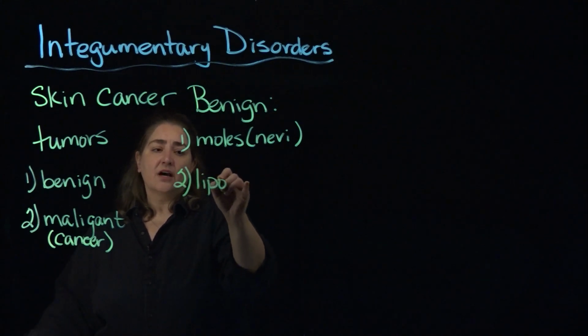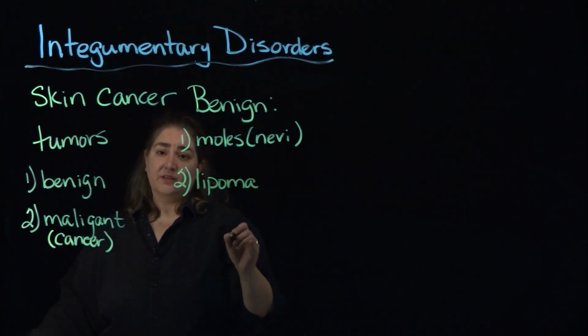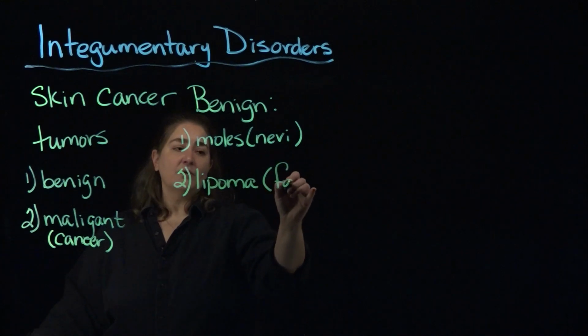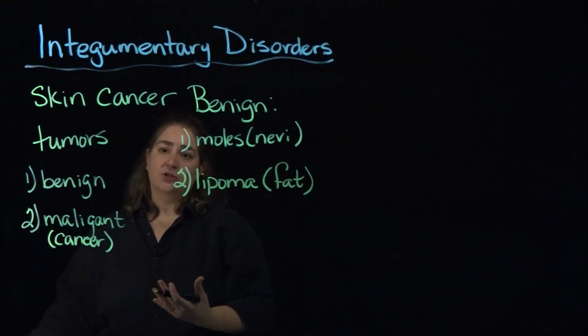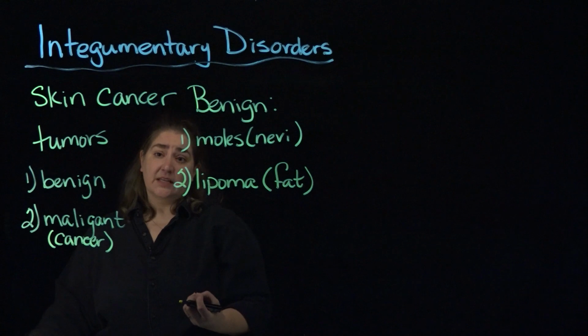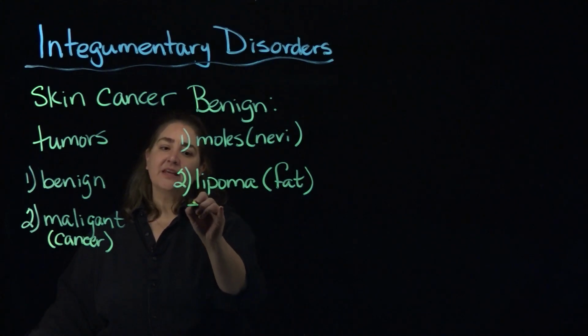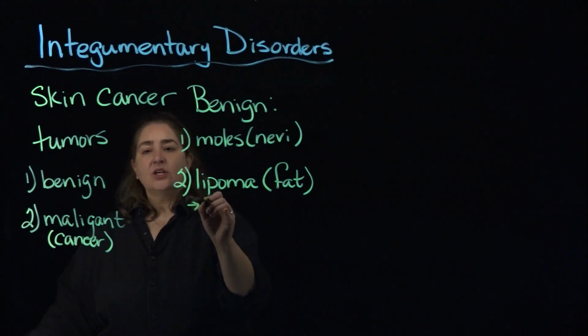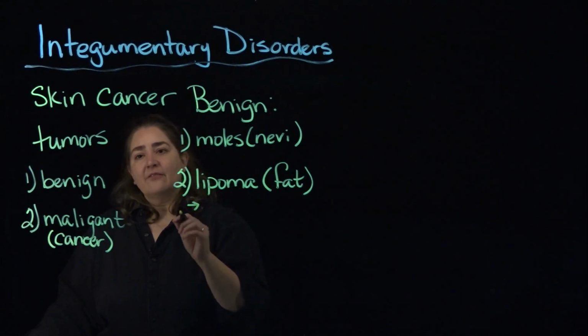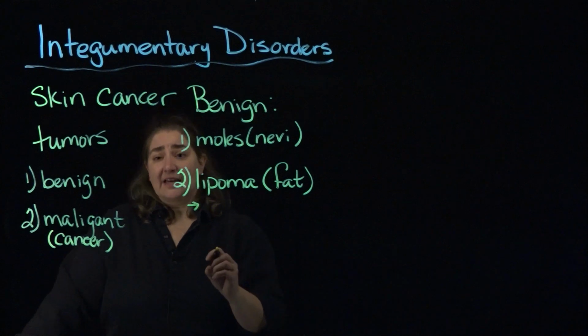We've also got lipomas. Lipomas originate from fat tissue. So it's an adipocyte that is going to be proliferating. And with lipomas, those don't ever typically metastasize.